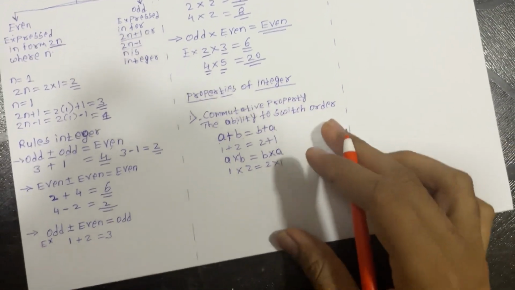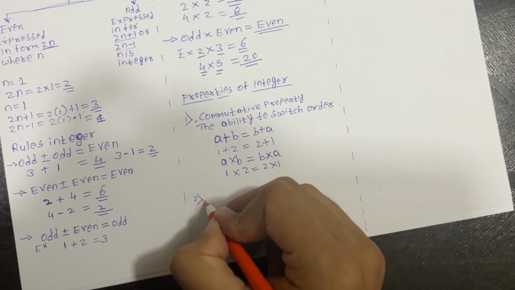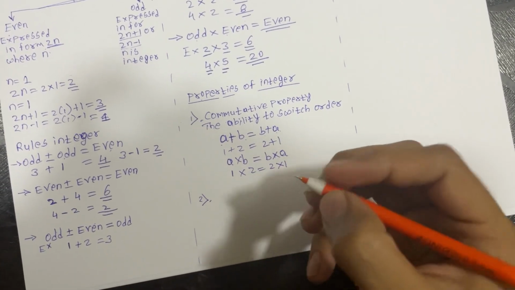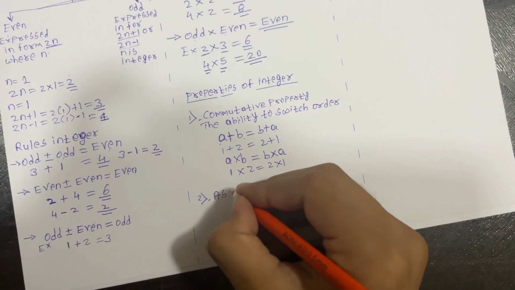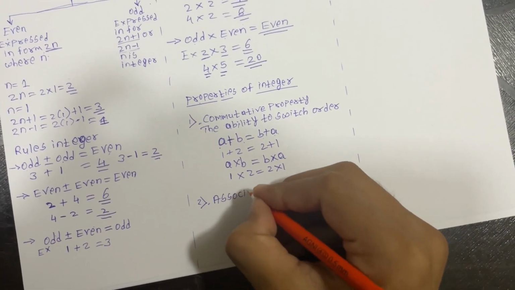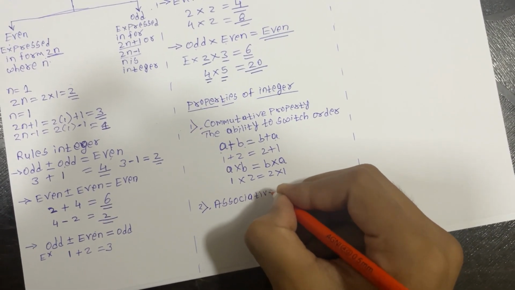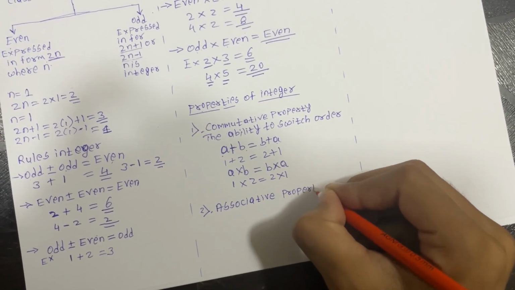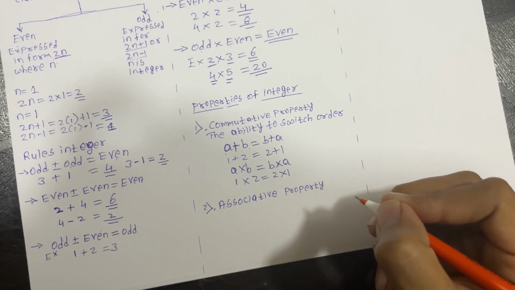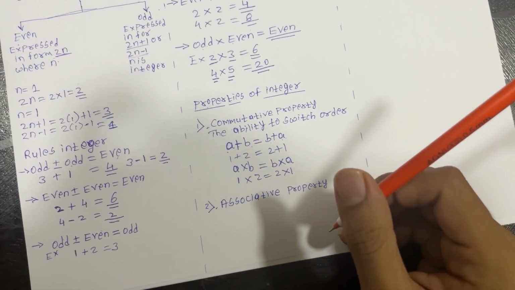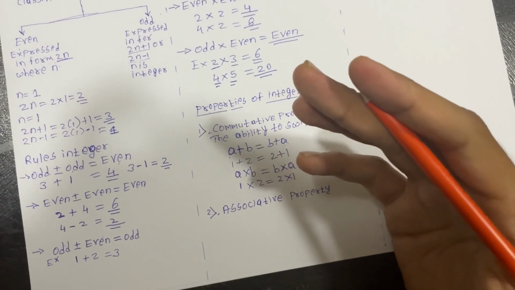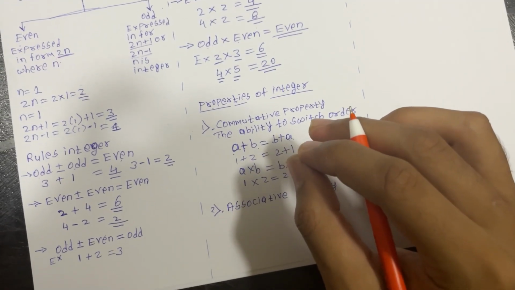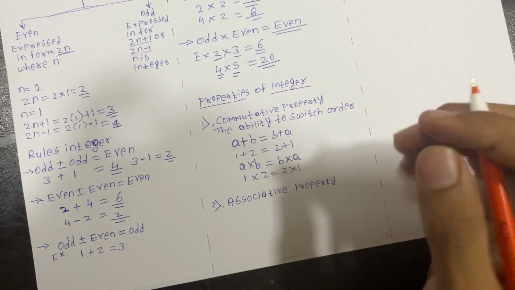Okay, so next property is associative property. So what is associative property? So associative property is the ability to group numbers in different grouping.